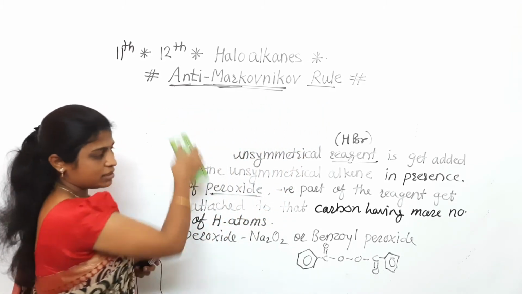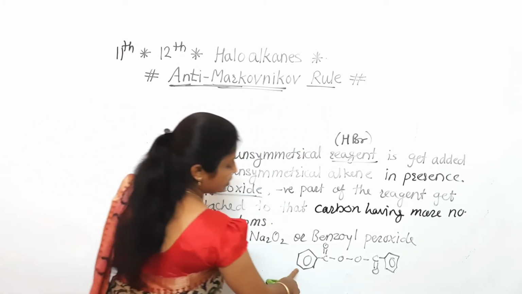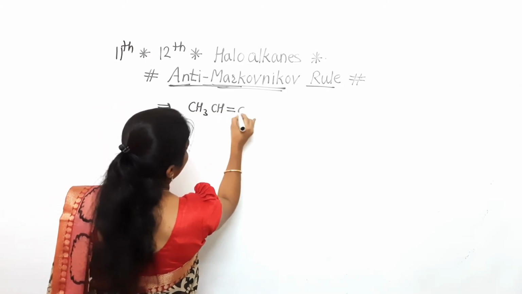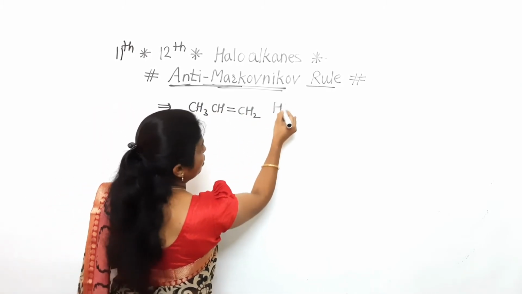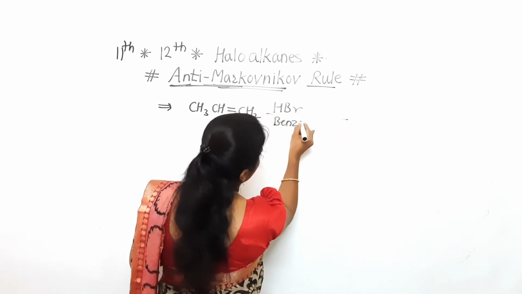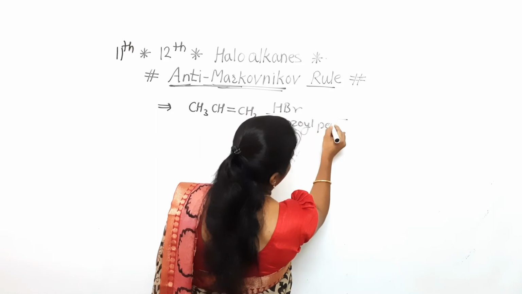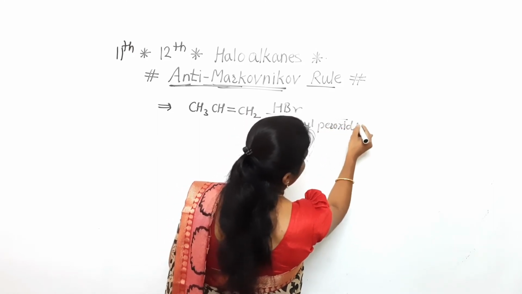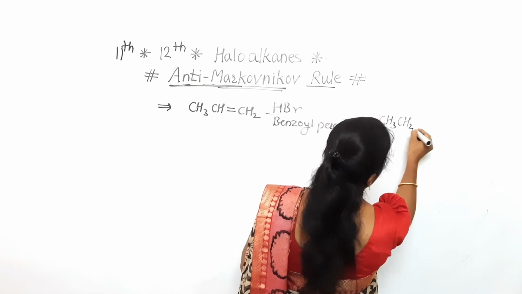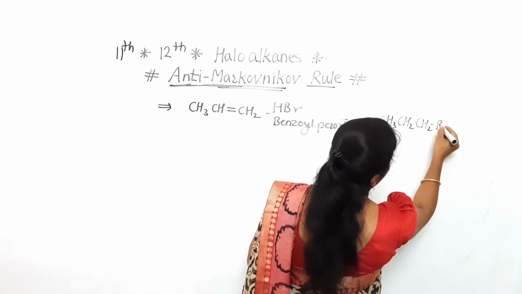If you have completed its write-up, it's very good. Complete this structure also: 1-propene, CH3CH=CH2, in the presence of benzoyl peroxide gives 1-bromopropane, CH3CH2CH2Br.